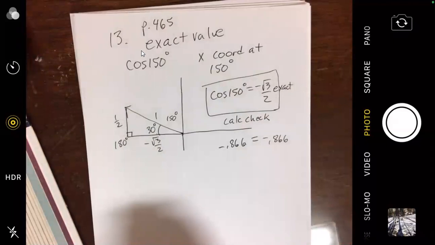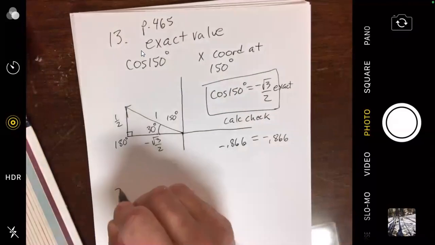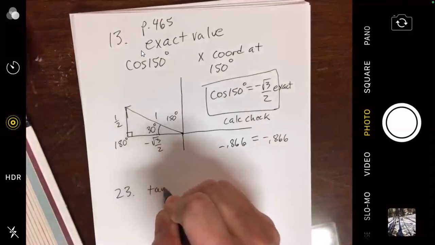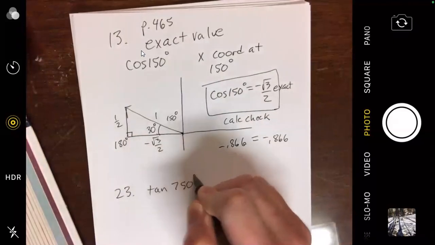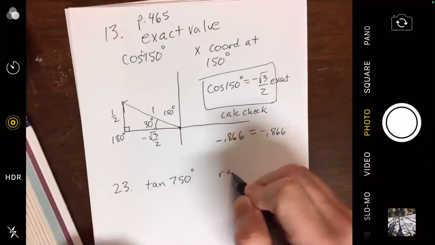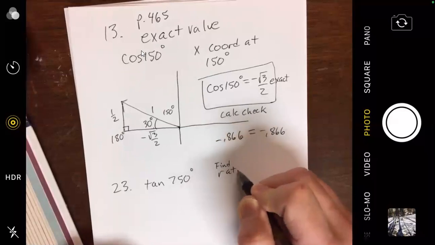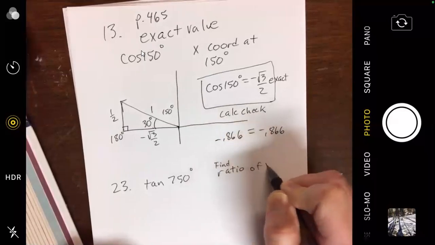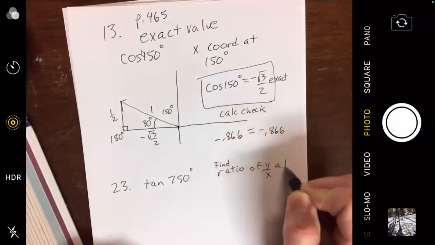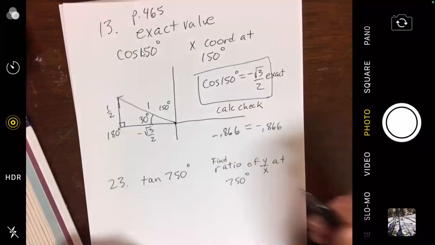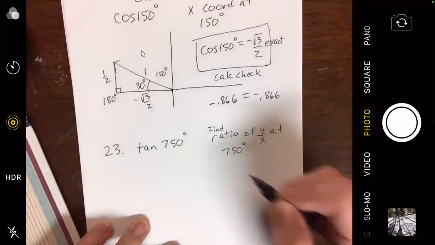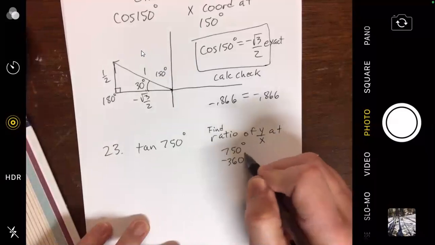What about one like tangent 23, tangent 750 degrees. This is the ratio you're finding of y to x at 750 degrees. All right, well, again, where the heck is 750 degrees?